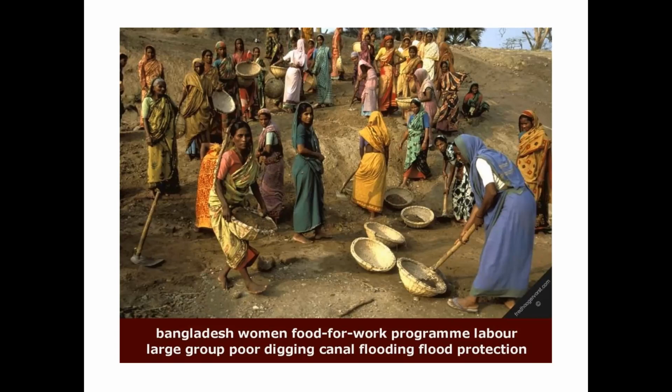Moreover, the weakest segments of the population, that is, the elderly, the disabled, and women caring for small children, were usually not able to profit from the food for work programs, especially when food for work programs put more emphasis on the building of infrastructure than on the distribution of food, that is the safety net function. These weaker segments of the population were excluded and preference was given to able-bodied men.